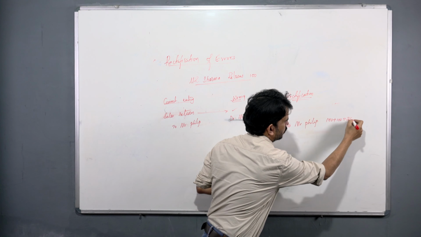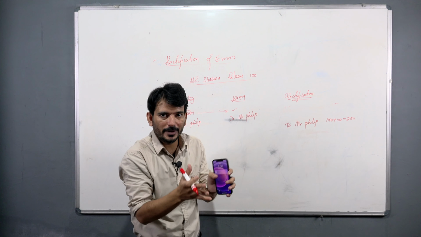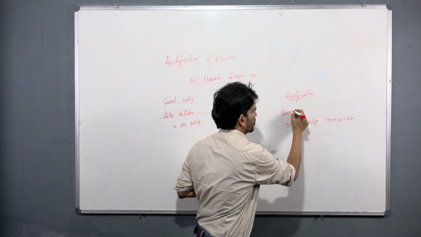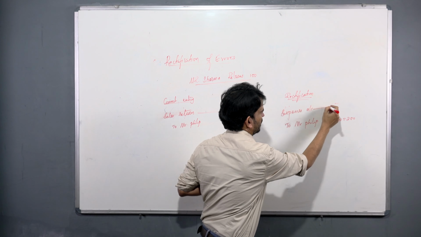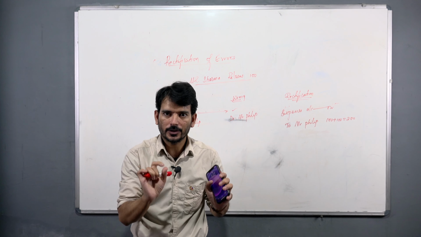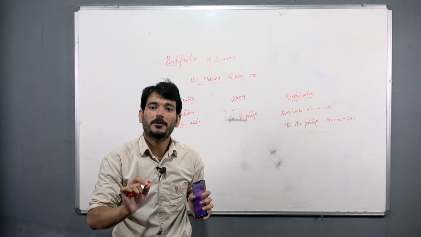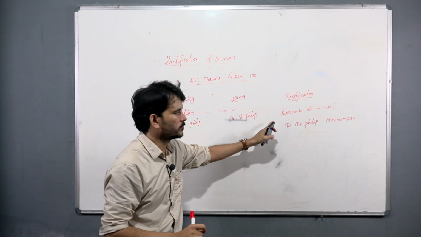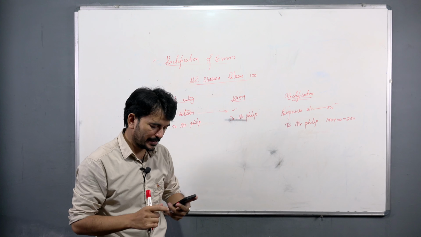So it will become 200. So Mr. Philip has now been credited with 200. The debit will be suspense account. So the other leg will be suspense. When you identify an error after preparation of trial balance, but before finalization of books of accounts, you will be using the suspense account. Okay, so these are the two entries.